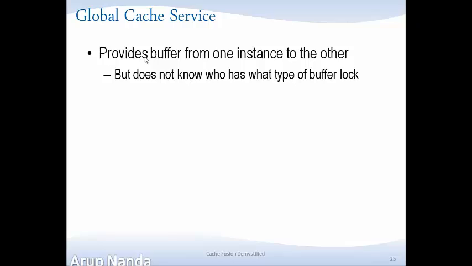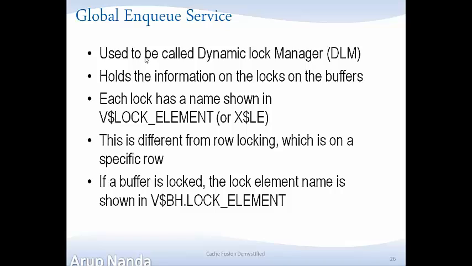So that comes to the next one, global cache services. Here's a service that provides a buffer from one instance to the other instance, but it doesn't know who has what kind of buffer lock. So the next question is, who then knows that? That service or mechanism to know who has what kind of lock is called global enqueue service.